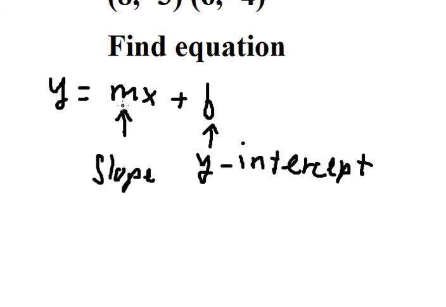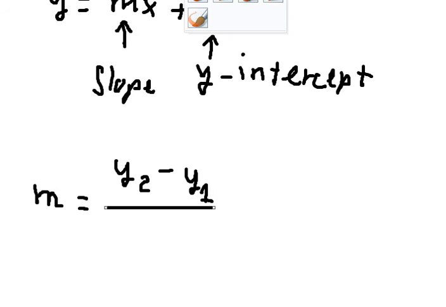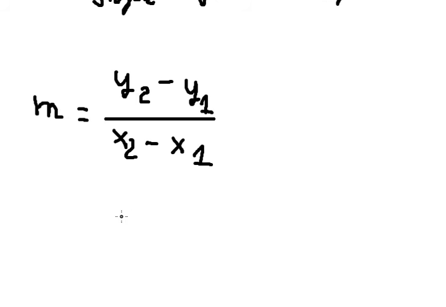The formula of m here is y2 minus y1 over x2 minus x1. So be careful when we calculate this one.